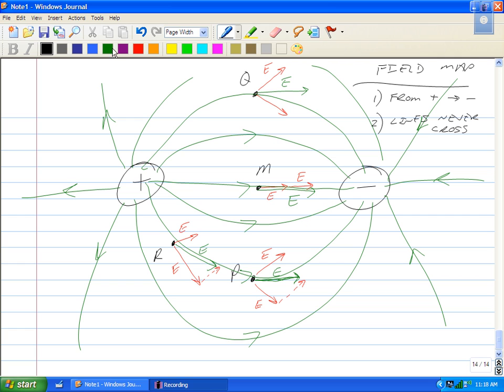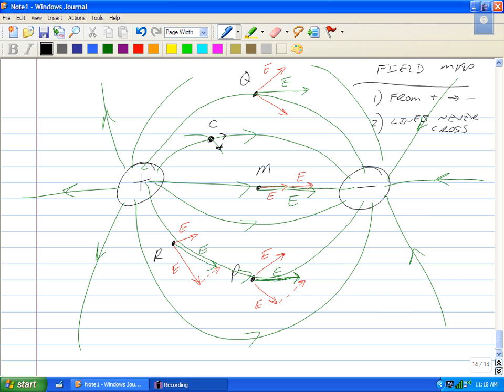Let's pretend the lines crossed for a second. If I'm at that point C, where those lines cross, the lines are supposed to tell me, by definition, the path of a positive charge. Well, how many different options do I have to follow?